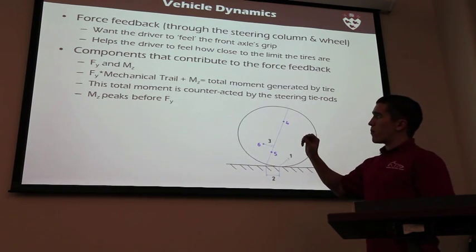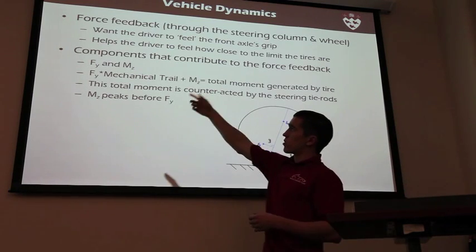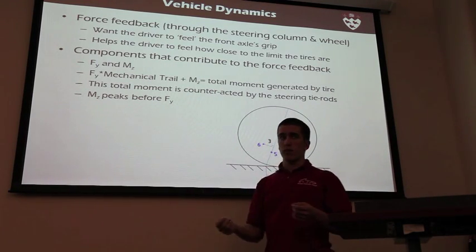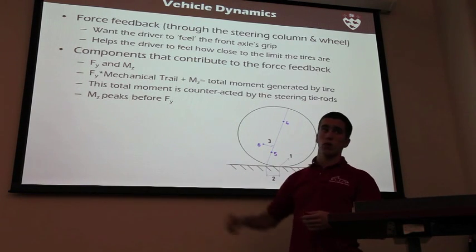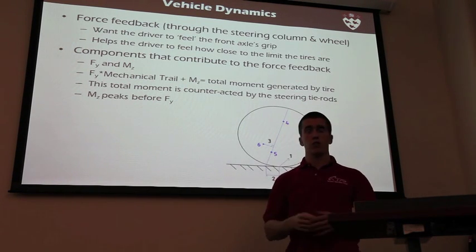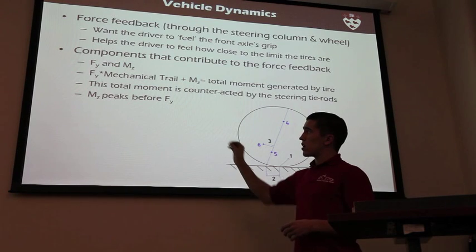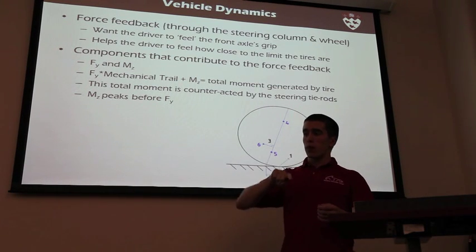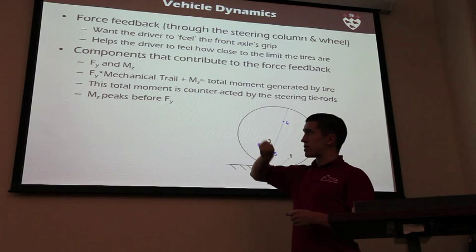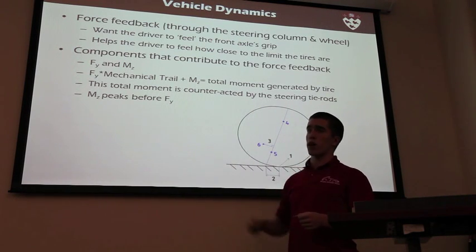However, in the case where the lateral force Fy would not affect the feedback, only Mz would be what the driver feels. In this case, the feedback of the Mz will peak before the Fy.